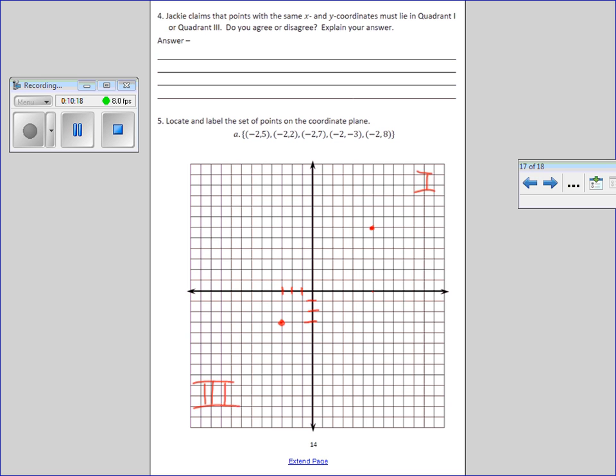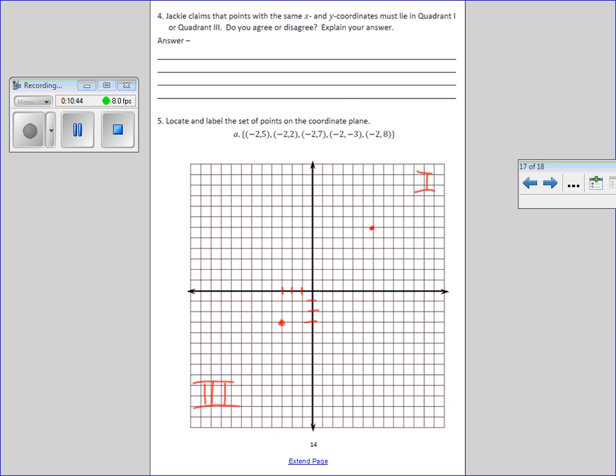Give me another number. Any number. Call out a number, 1 to 10. 2. x is 2, y is 2. Go out and go up and plot it. Start from 0.